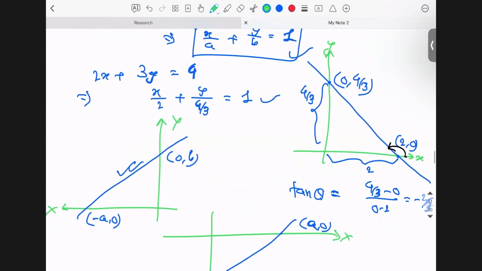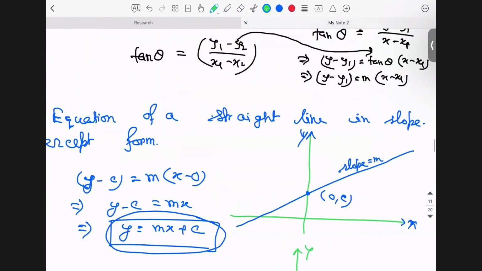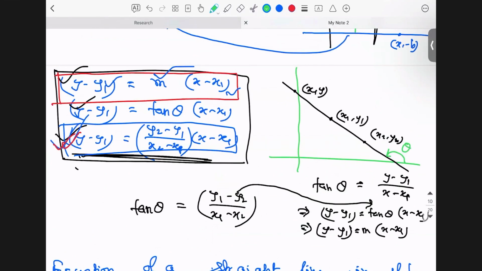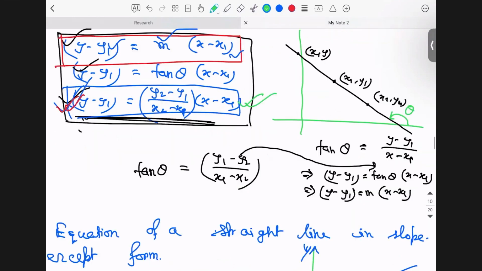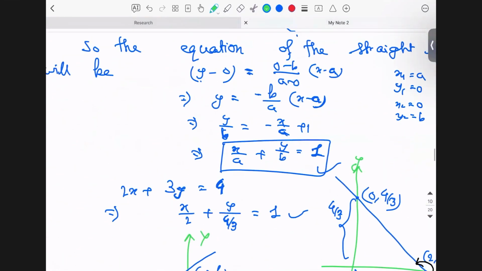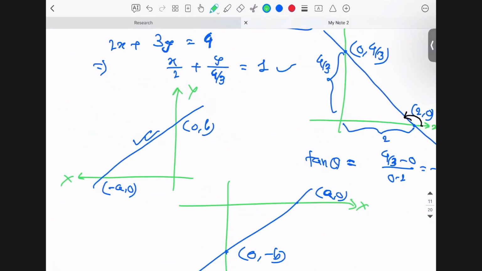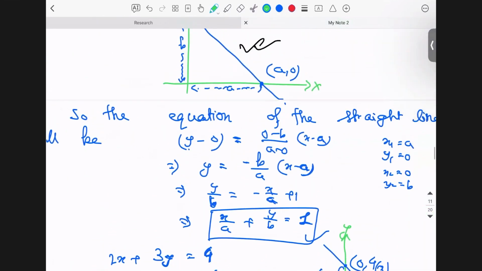But I will suggest that whenever you are given intercepts and they just ask you that this straight line intercepts at this point and at this point, you must follow the procedure we have done for this case here: this straight line is passing through two distinct points, so what will be the equation of the straight line? Just remember only this one form and do the calculation, because it may happen that depending upon the coordinates, the intercept form may vary and the signs can change.